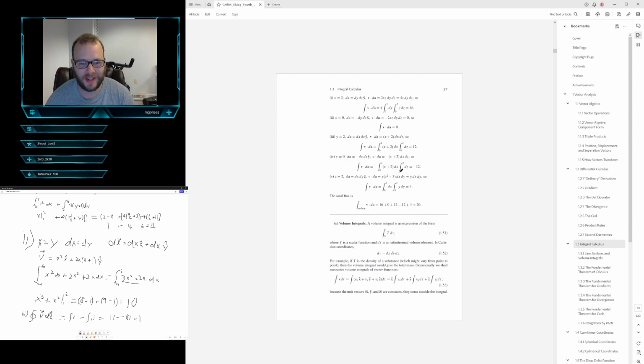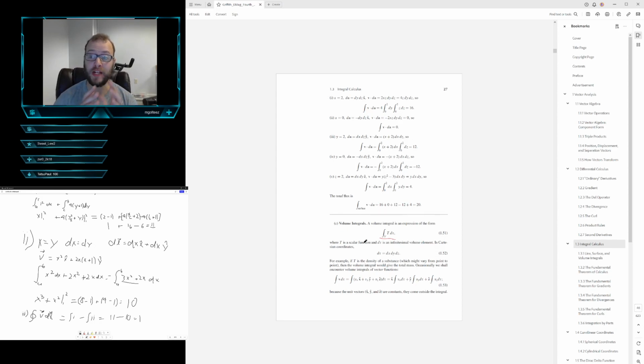So if we have this volume integral, rho dτ, where rho is the density function and dτ is our infinitesimal volume, if we multiply the density by the volume, we get the mass of the object.